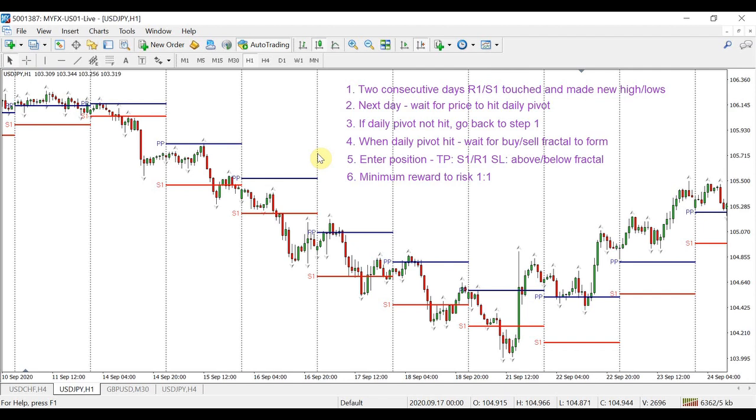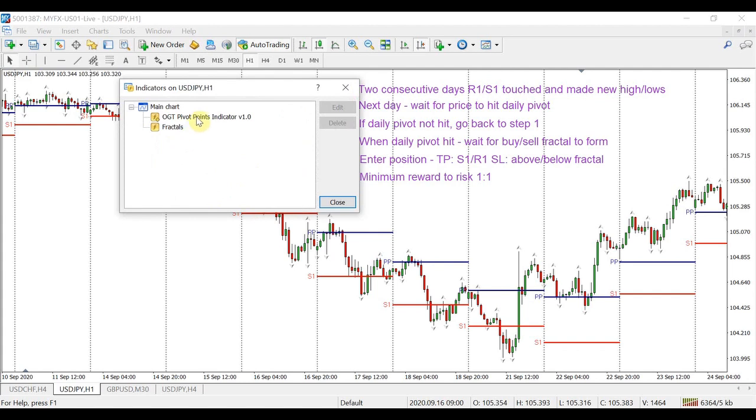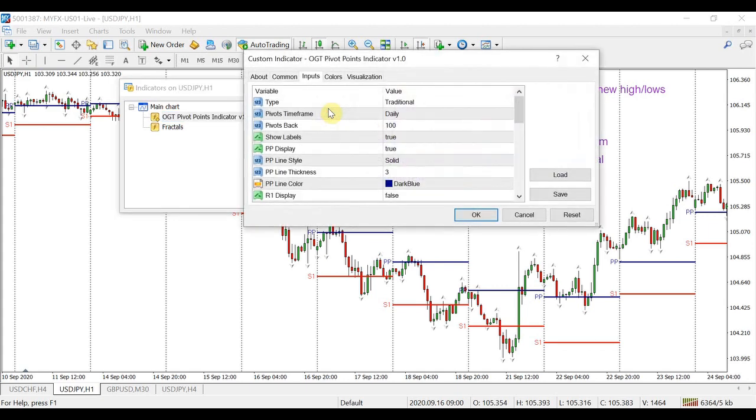So in terms of the two indicators that you need, they are firstly my OGT pivot points indicator, and again, it's absolutely free. A link is inside the description. And what you need settings wise in that, you need to set the time frame to daily, and you need to have the R1 and S1 pivot levels showing.